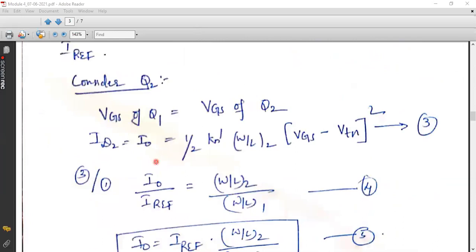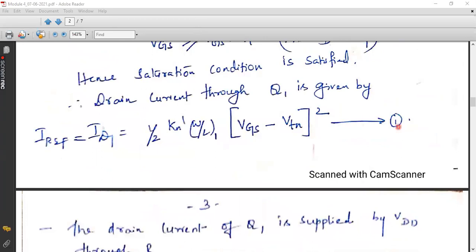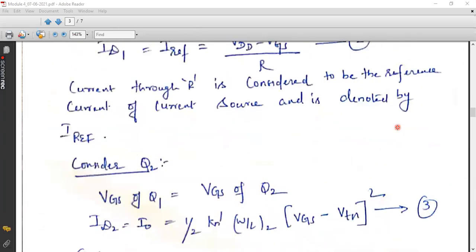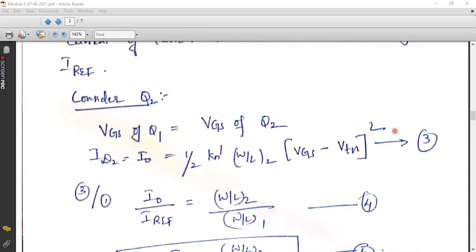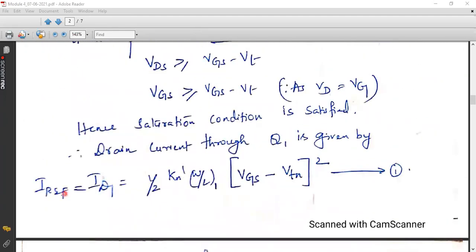Now we will divide the two equations, that is equation 3 divided by equation number 1. The left hand side will become I0 by I reference, isn't it? The left hand side of equation 3 is I0, whereas this is IREF.